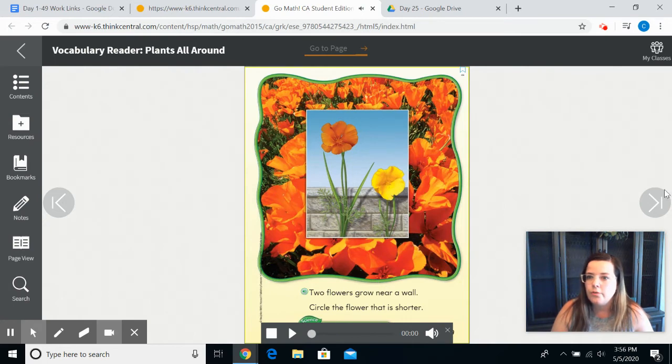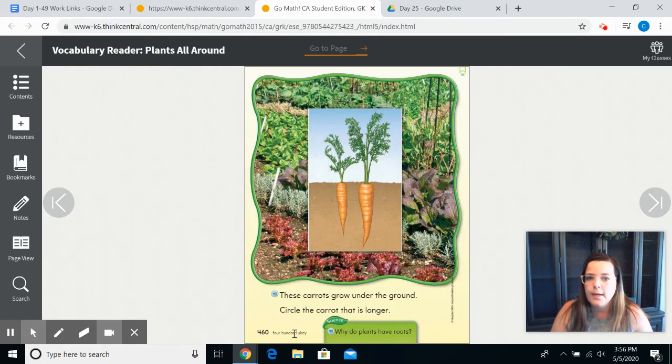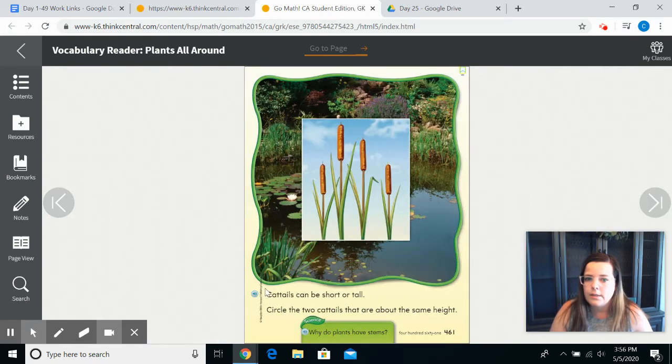Go ahead and circle your flower that's shorter. Next page. Go ahead and circle that carrot that's longer. Let's hear this page.